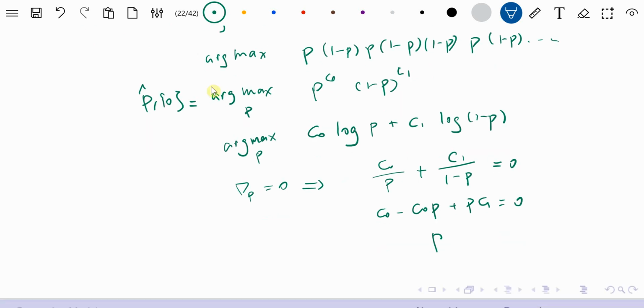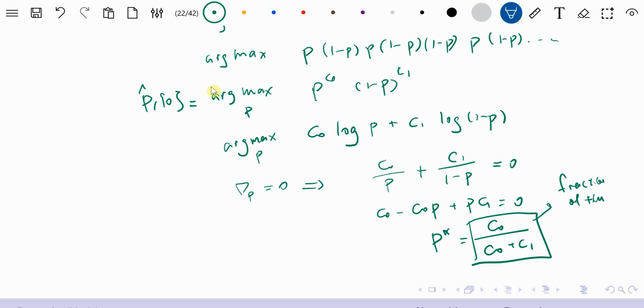So it turns out the optimal p, called p star, is just C0 divided by C0 plus C1. If you look at this, this is the count of 0 over the total count. So this is actually the fraction of times we observe 0.